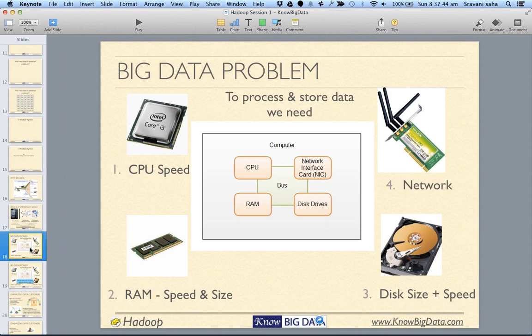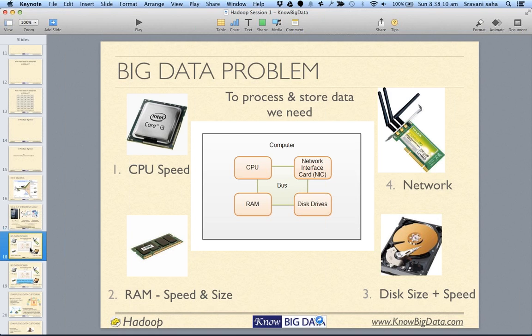The third one is disk, the size of the disk and the speed of the disk. You have solid state drives which have high speeds but small size. You have normal magnetic hard drives which are slow and unreliable, but they have humongous size and are less costly. And the fourth one is the network connectivity.